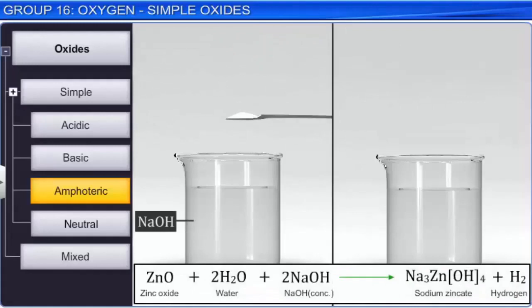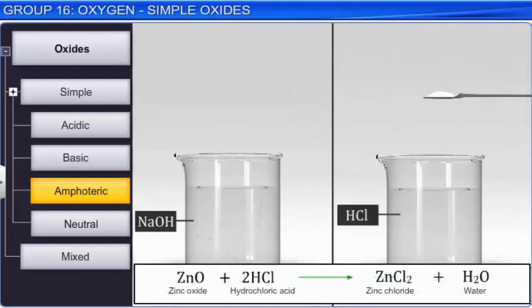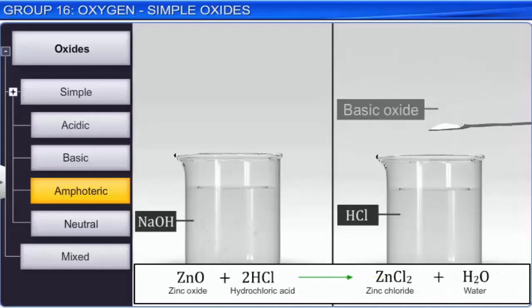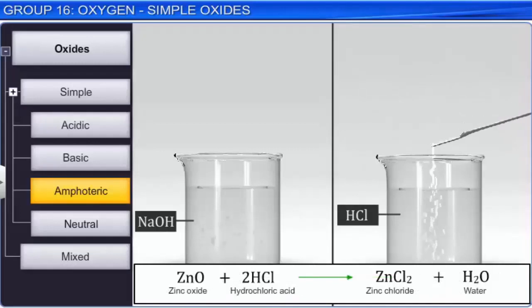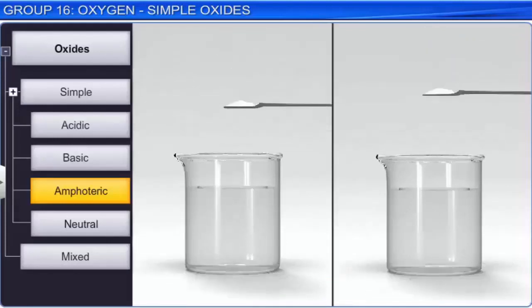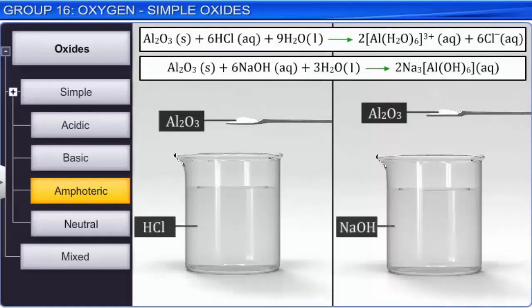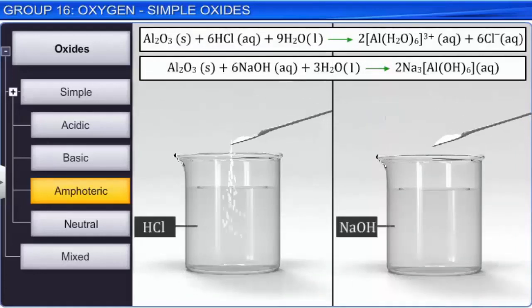For example, zinc oxide behaves as an acidic oxide when treated with concentrated sodium hydroxide, and as a basic oxide when treated with hydrochloric acid. Similarly, aluminium oxide reacts with acids as well as alkalis, as shown here.